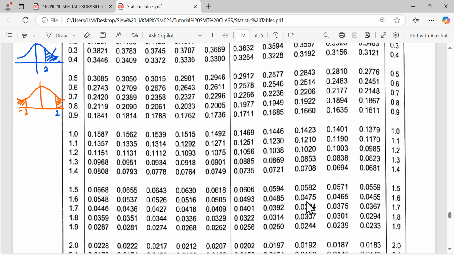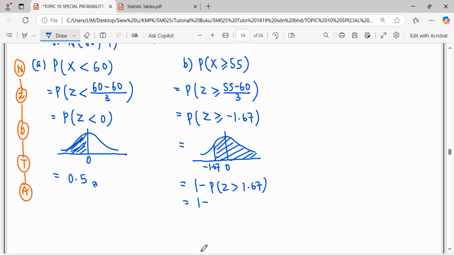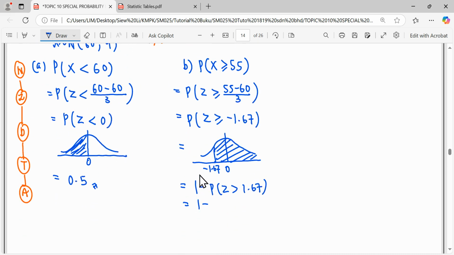It will give you 0.0475 here. After we minus, we get 0.9525. This is our area. Bear in mind, the left tail table and right tail table will be the same. So 1 minus the tail. The tail of negative 1.67 is read as the tail of positive 1.67.